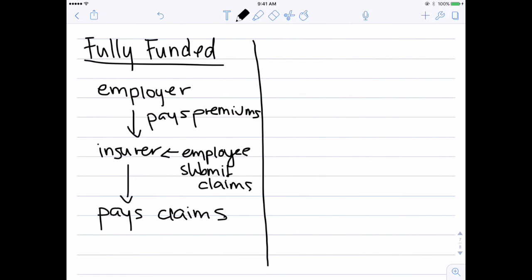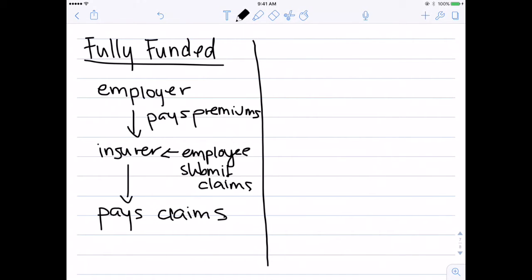Now, this is a pretty clean system, but look at this for a moment from the perspective of the employer. You're an employer. You're paying these premiums. The insurer takes your money and then only pays it back when your employees submit claims. Well, there's some things that could go wrong here in the sense that you as an employer might end up paying too much money. So your premiums are based on some of the factors we looked at in the last set of videos.